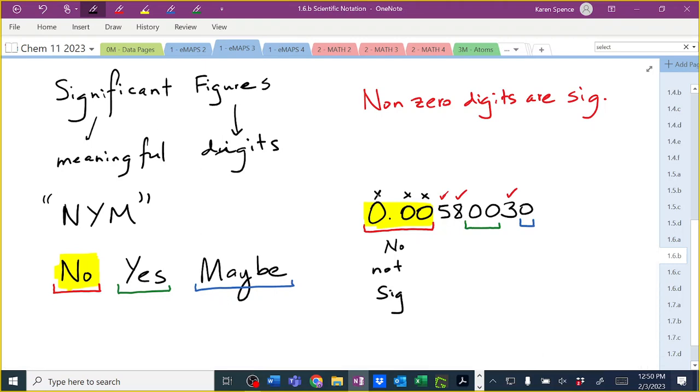Now, zeros in the middle, what answer do we have in the middle? Are they significant? Yes. They are significant. So we also have yes, yes. And then finally, the 0 on the right, that is a maybe.